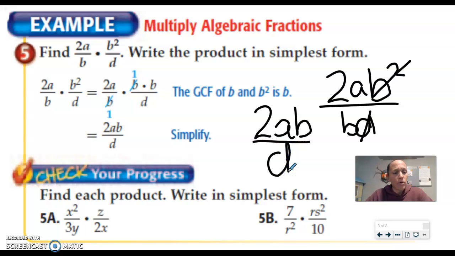In the example that they show you, they actually simplified before they multiplied. And again, that's using the diagonals. So I can compare right here, right? This 1b will cancel out one of these b's. So I'm really just left with a b here. 2 times, then I have 2a times b would be 2ab, and then just a d on the bottom.